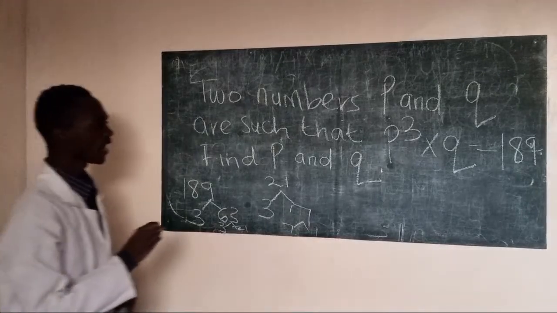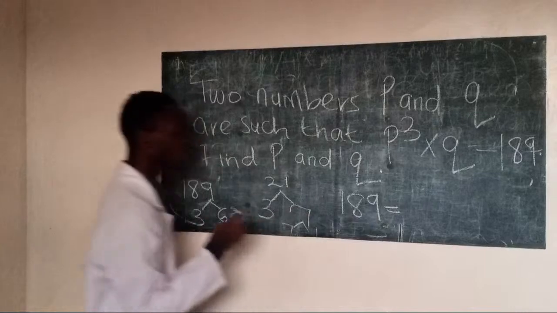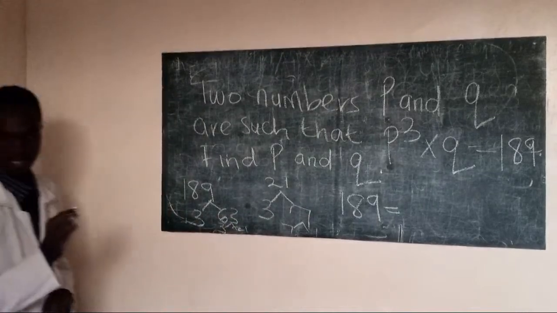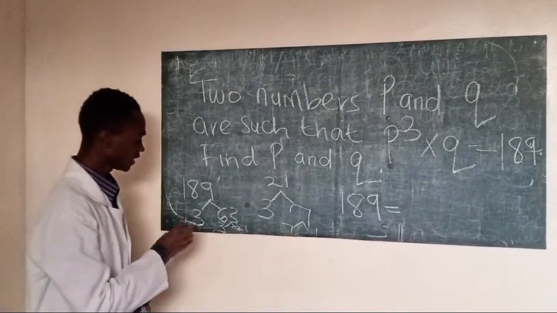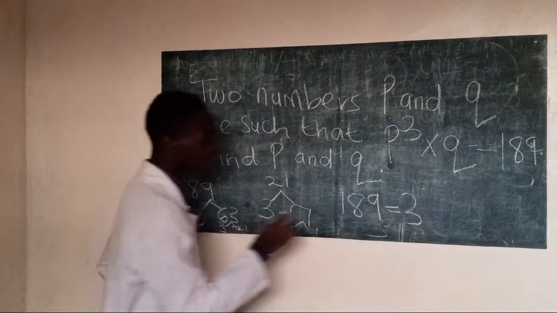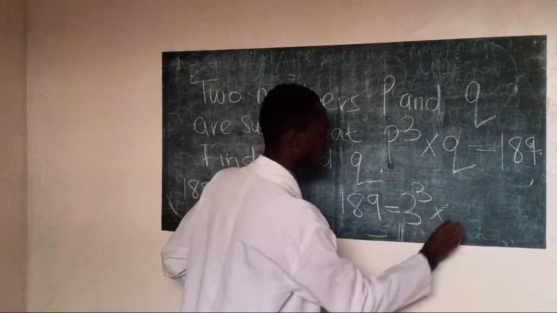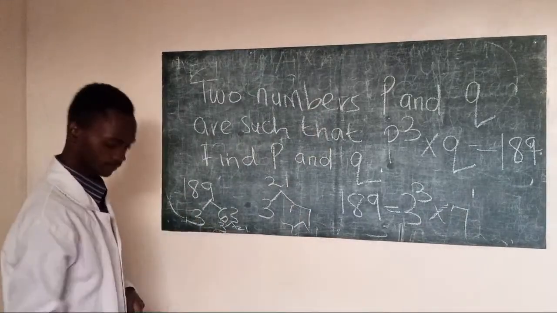So, what is 189 when I express it in terms of the prime factors, everybody? 3 raised to power 3, 7 raised to power 1, isn't it?